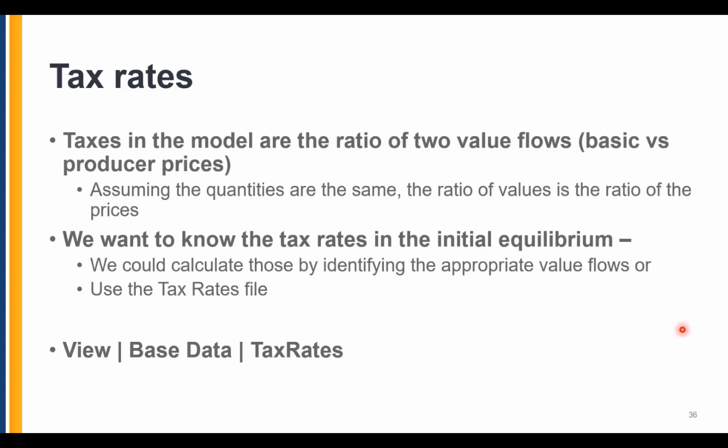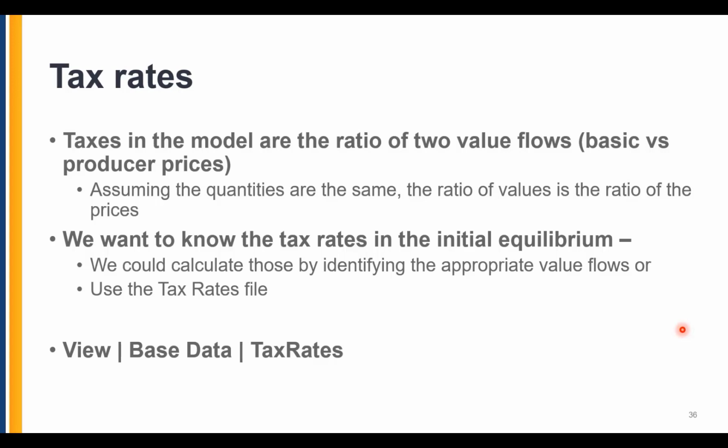Remember, the tax rates in this model, or the taxes themselves, are the ratio of two value flows. So if the model has a measure of a value flow at one price and then the same value flow at the other, then the quantities in the transaction are the same. So the only thing that is different is the pricing.